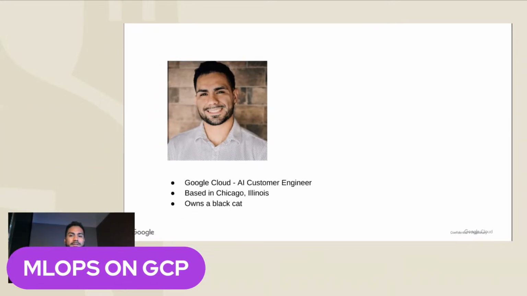So I have a very dynamic role, and one of the things I'm very passionate about is taking technology, taking the learnings that I've garnered through my different experiences, and sharing them with other people. Quick fun fact about me: I own a black cat. He's very naughty. He's back in the apartment right now, so he's not bugging me today. But just a quick little tidbit about myself, right?